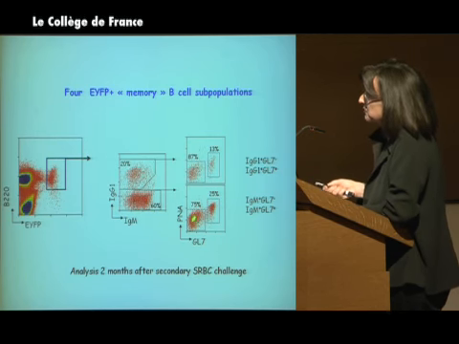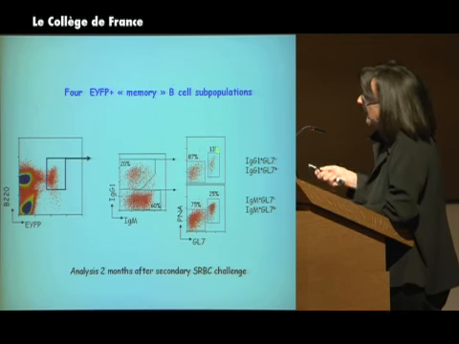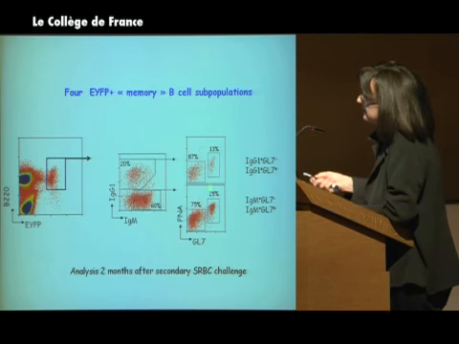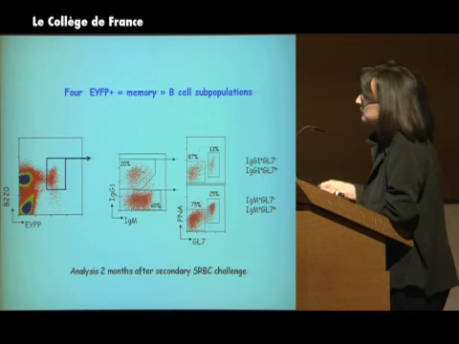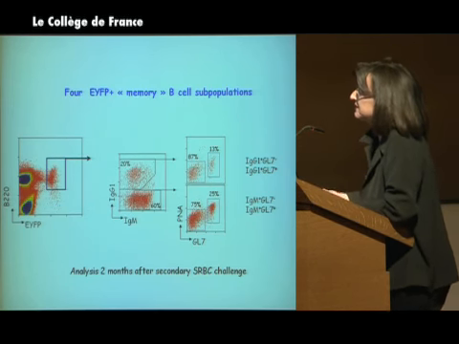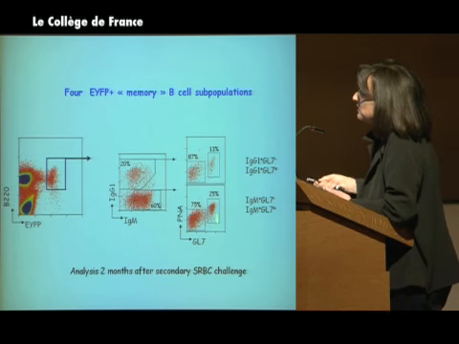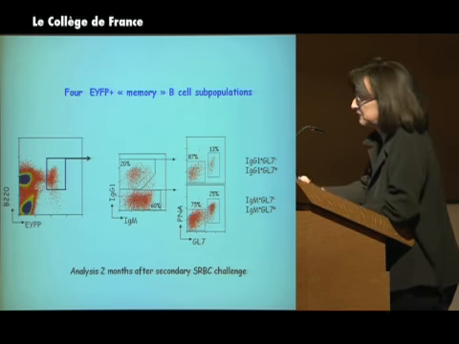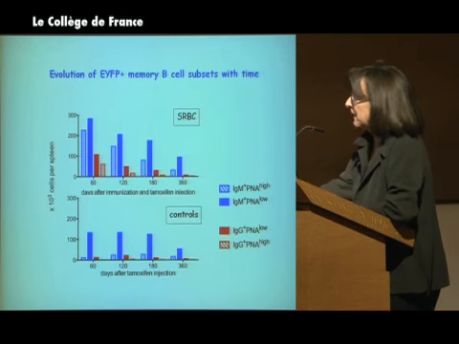And in both subsets, we used markers that differentiate the germinal center phenotype, and you can find that both IgM and IgG positive B cells exist either with a germinal center phenotype or without a germinal center phenotype.